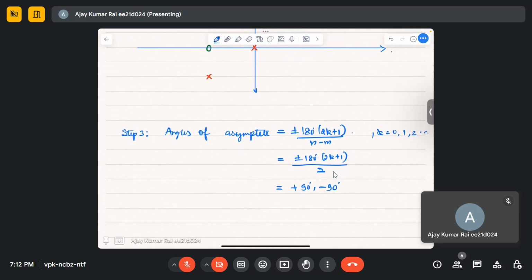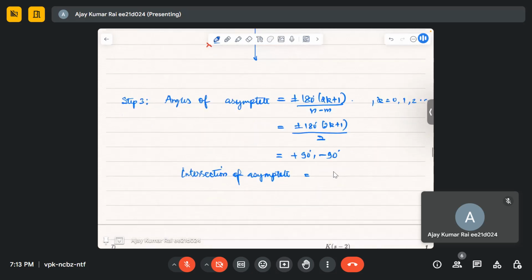And if you want to calculate the point of intersection of asymptotes, so in the previous question we have not calculated it.